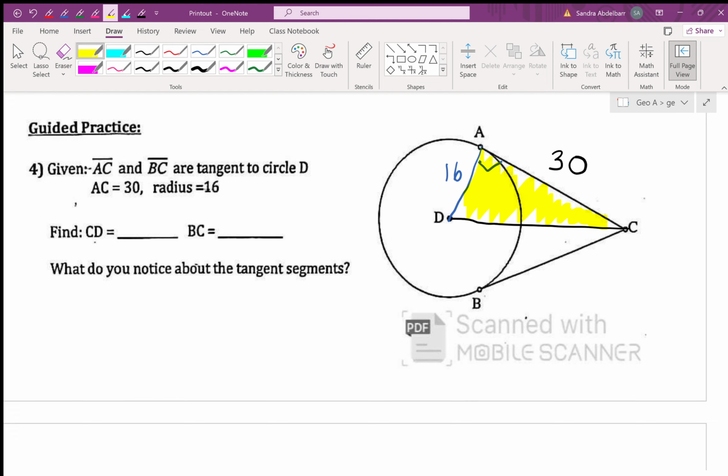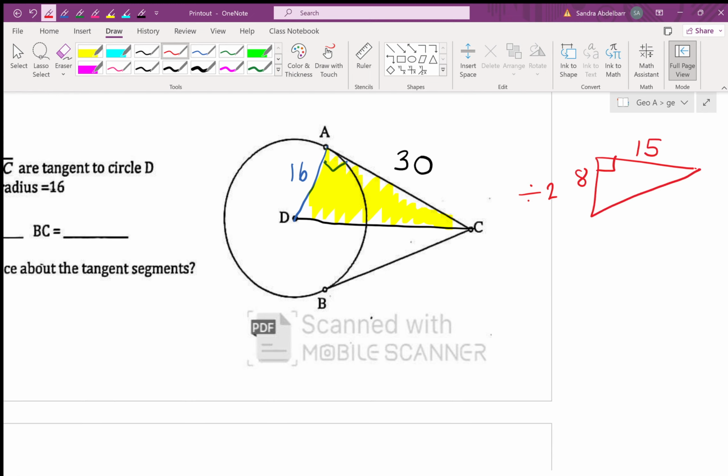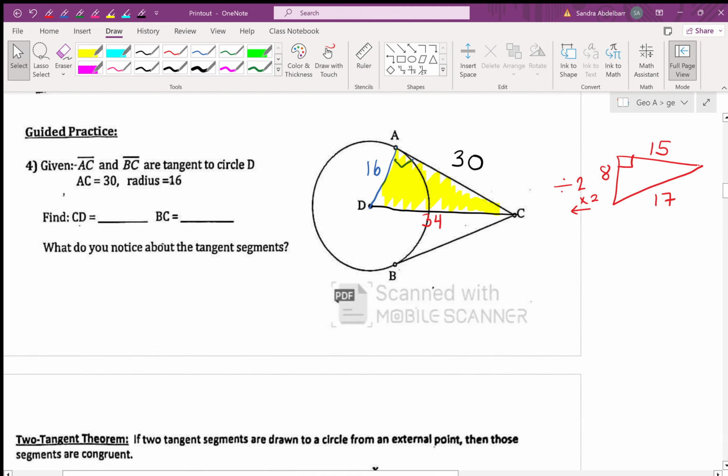Now, there's no triple 16, 30, something, but I'm going to divide by 2. And when I divide by 2, I'm going to end up with an 8 and a 15. Is this a triple? 8, 15, 17. Go back and multiply by 2. What do I get? 34. So how long is CD? 34.